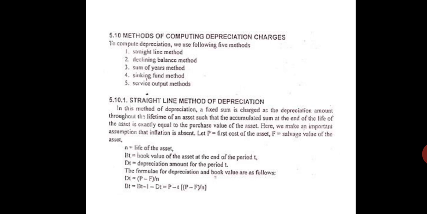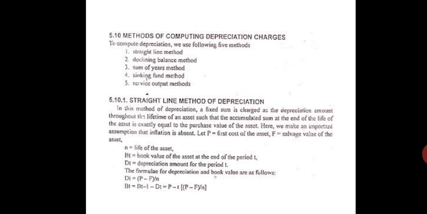We will keep 1 lakh rupees per year as straight line depreciation. So 1 lakh per year means after 15 years it becomes 15 lakhs. This is called the straight line method of depreciation. Here we are not taking into consideration the inflation or the time value of money.